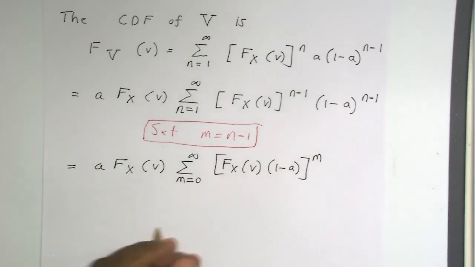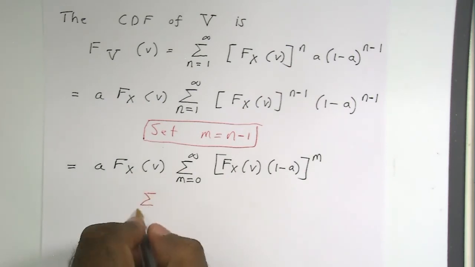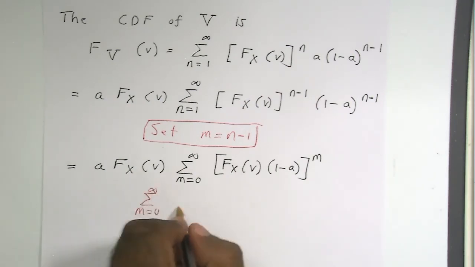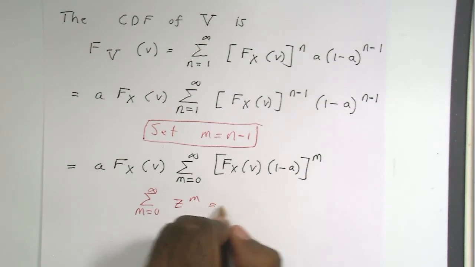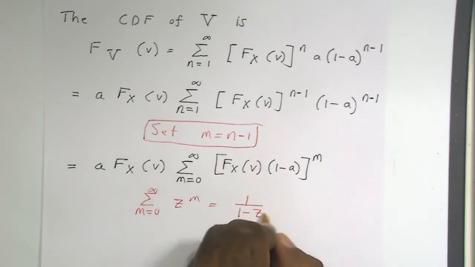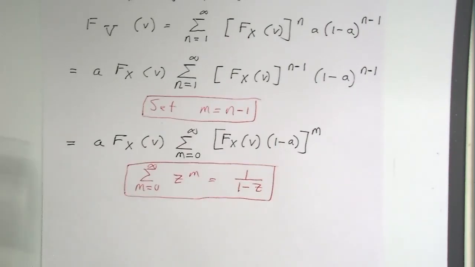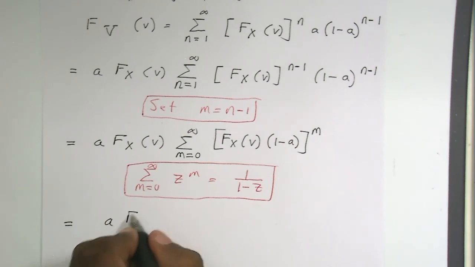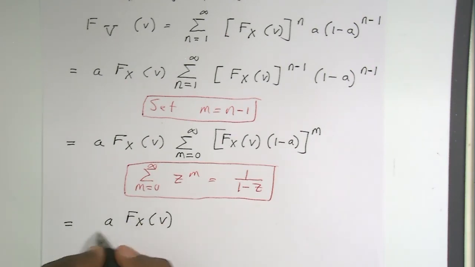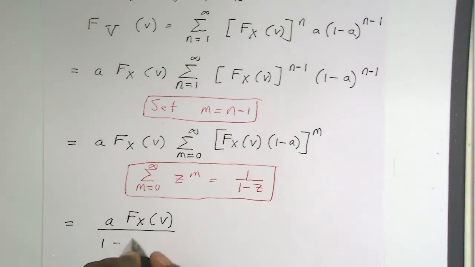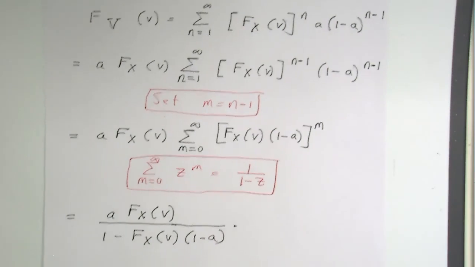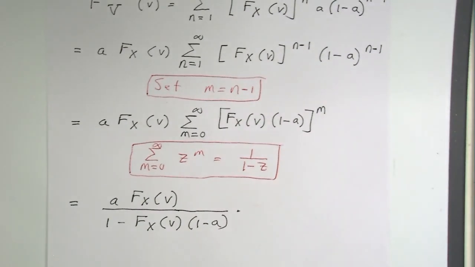Then finally, if you use the geometric sum, that is the sum from 0 to infinity of z to the power m is 1 divided by 1 minus z, this will reduce to a F_X(v) divided by 1 minus F_X(v) times (1 minus a). So that's example 4.